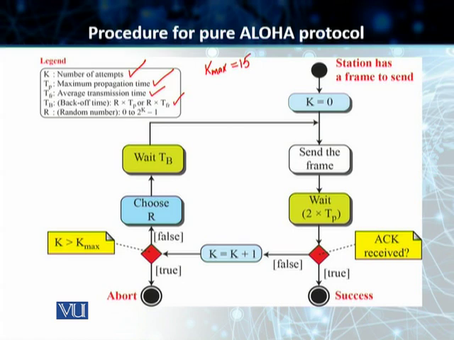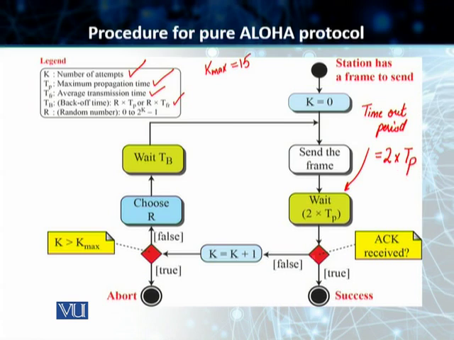So students, as I told you, our timeout period is equal to the maximum possible round trip propagation delay, which is twice the maximum propagation time, so that is equal to 2 TP.